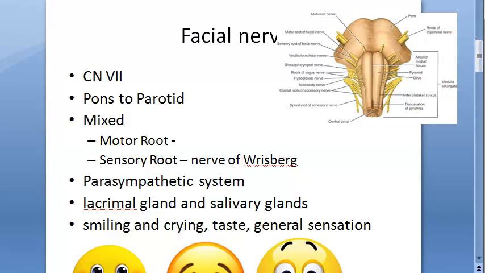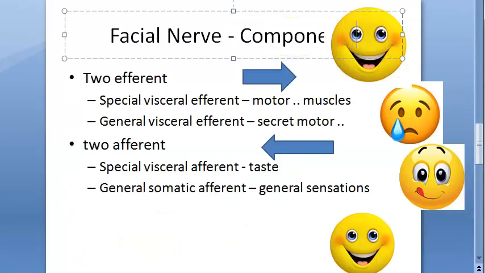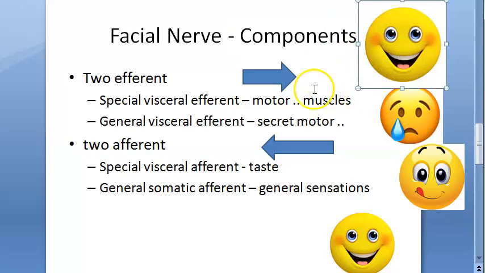We have to look at a lot of details, hold on. Basically, the facial nerve has so many components. There are 2 efferent, which are going out, and 2 afferent, which are coming in. So what do you think will go out? It is pretty easy to understand. Motor things will go out, so motor and secretomotor are going out.